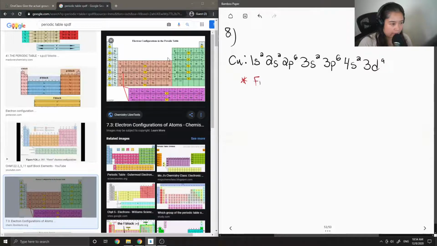So for example, filled d10 orbitals are more stable than when they're partially filled.